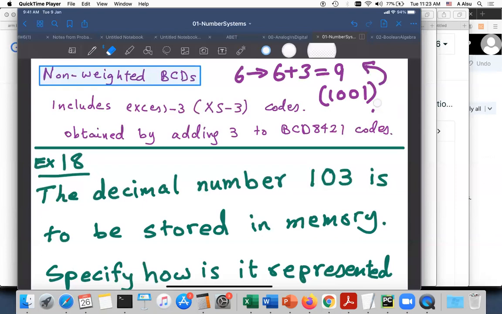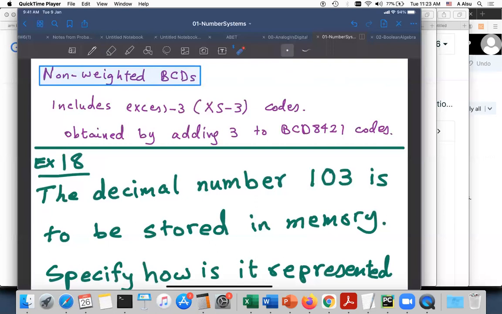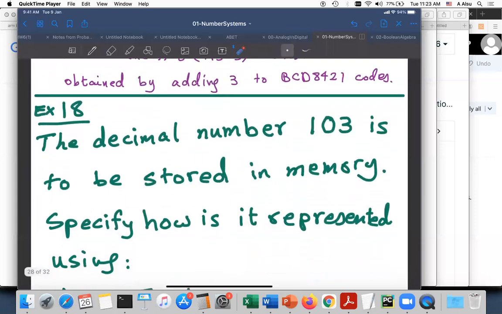All right, let's take a full example that is taken from the exam. We would like to store this number, 103 in decimal, in memory. We want to specify how it is represented using different kinds of codings.